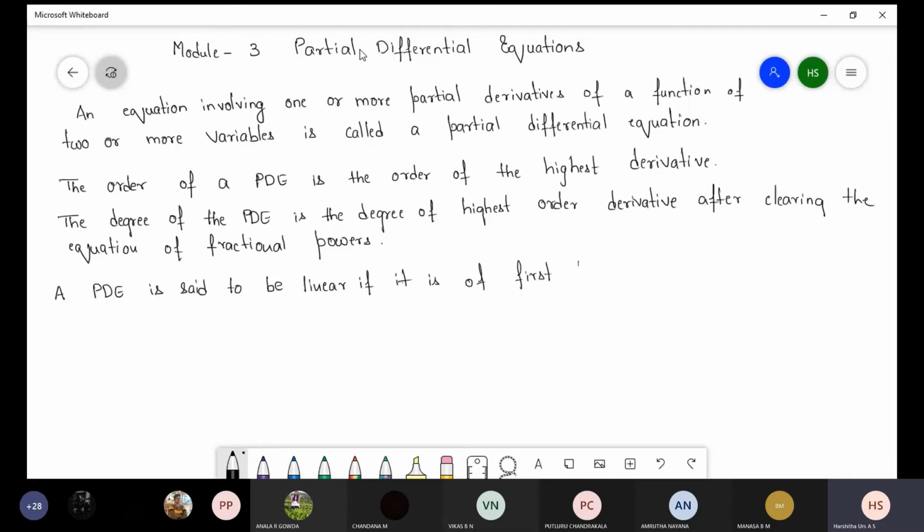See the condition, when it is said to be linear means when it is having the degree of first degree in the dependent variable and its partial derivatives.